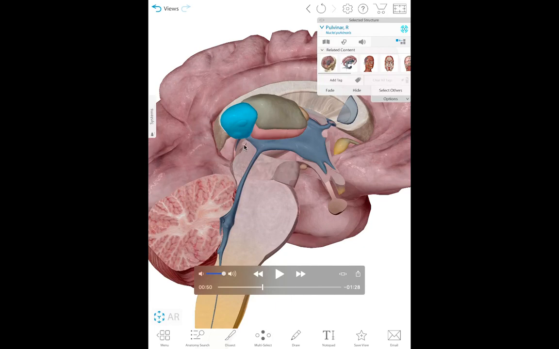One of the most important functional pieces of the epithalamus is the pineal gland. I have better views of this that I'll show you in the PowerPoints, but that pineal gland is going to sit right here, just superior to the corpora quadrigemina. It's going to play a key role in releasing melatonin and, as a consequence, regulating sleep.